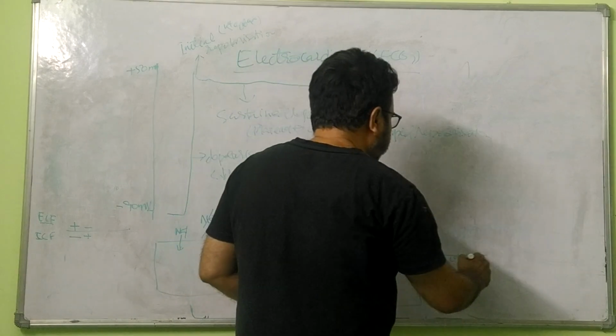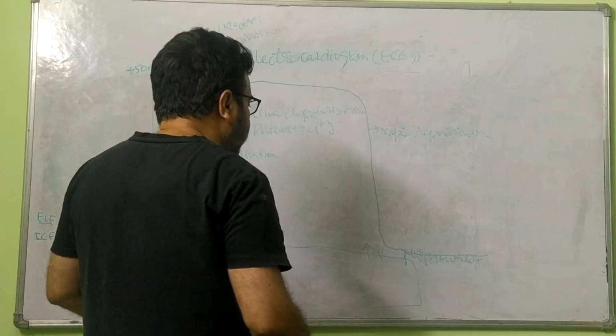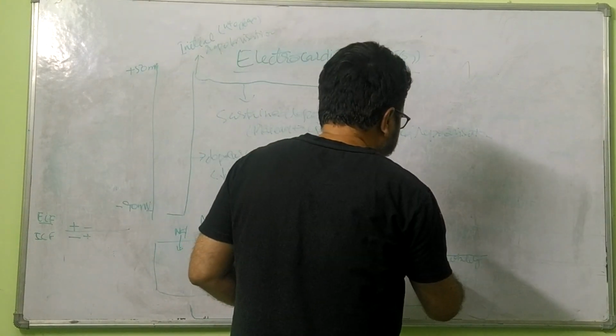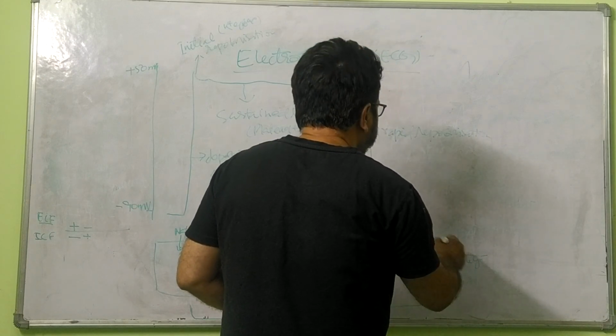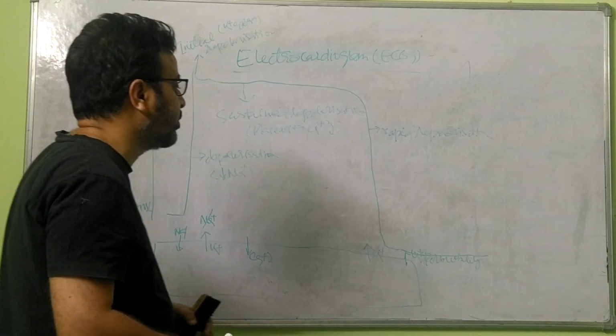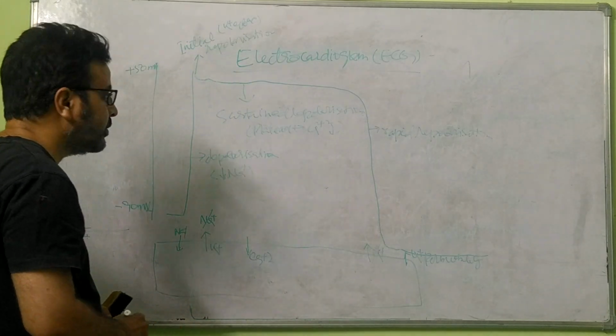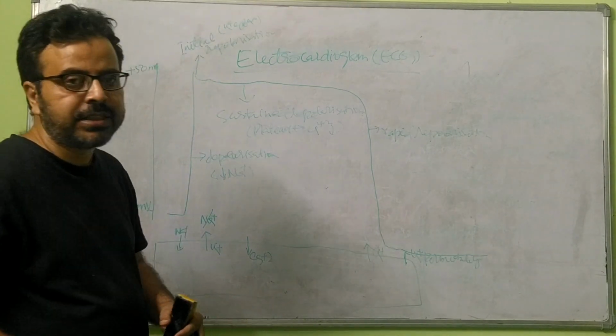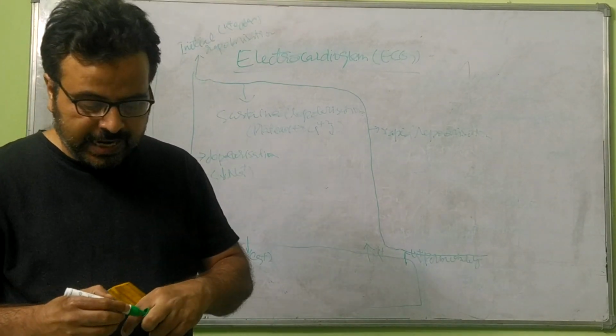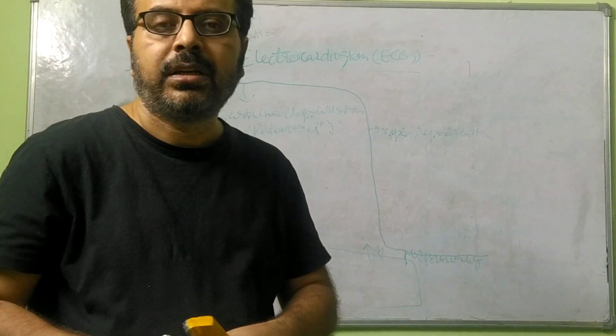After that, the gain of the minus 90 millivolts will take some time, and that will be a delay, making it an inhibitory state, hyperpolarization. So these were the different stages of the action potential in ventricle.